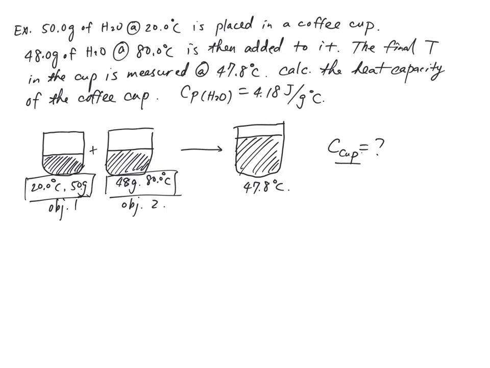But since we're calculating the heat capacity of the cup, the cup itself is object number 3.